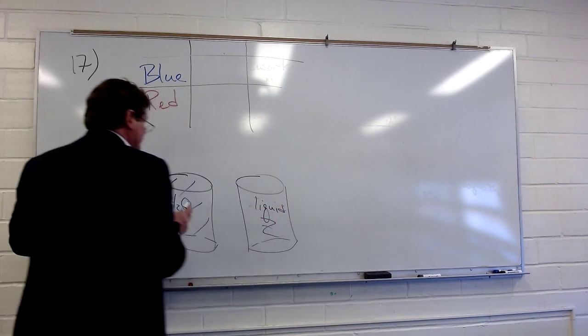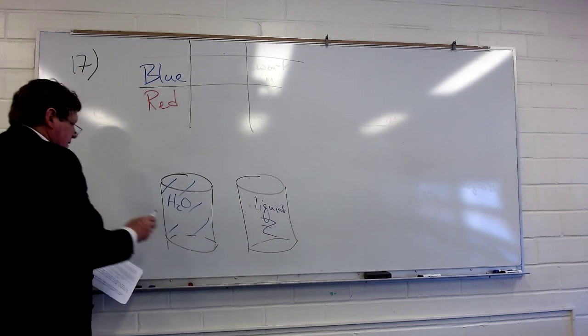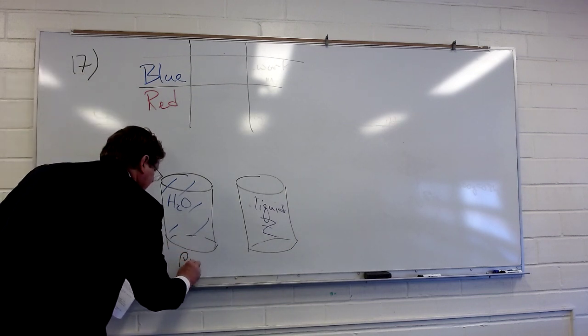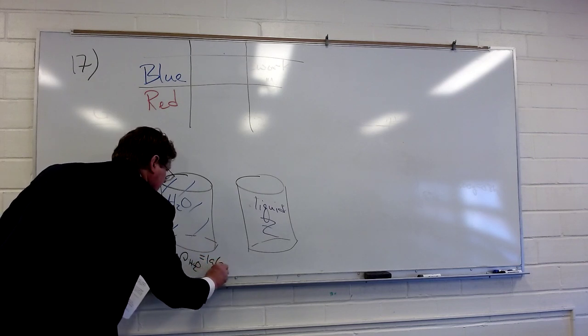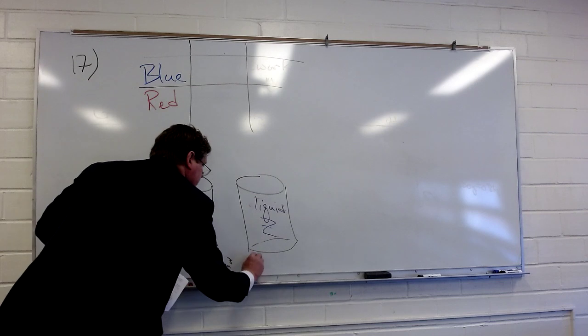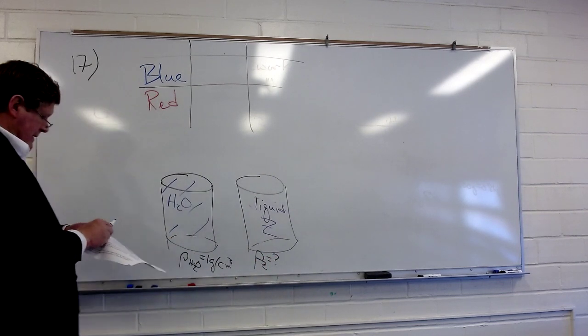And I know that the density of water is 1 gram per centimeter cubed, but the density of Z I'm not given.